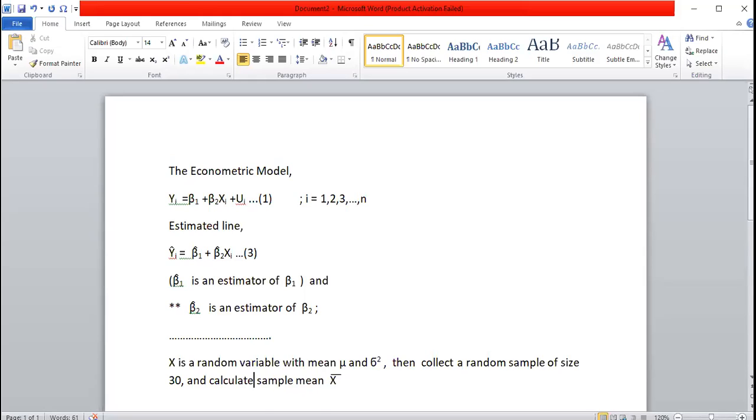Now, what is this X bar? Is it a constant or a variable? How do you calculate X bar? How many X bars can you get from a population with mean mu and variance sigma square?